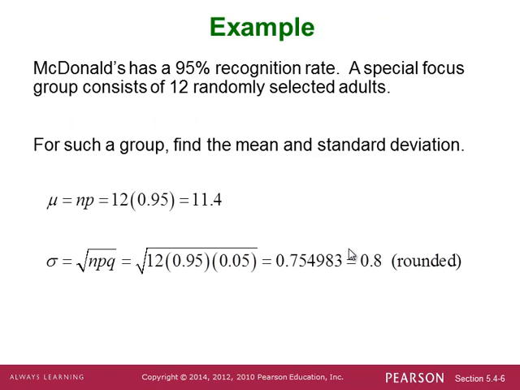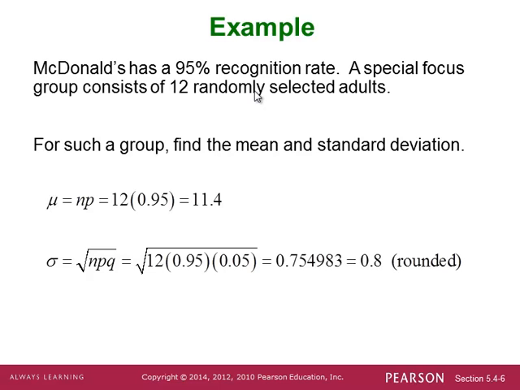So, for example, this real easy example here: suppose that we know from past experience that 95% of adults recognize McDonald's as a restaurant. So suppose that we were to randomly select 12 adults from the population and ask each one of them, do you know what McDonald's is?